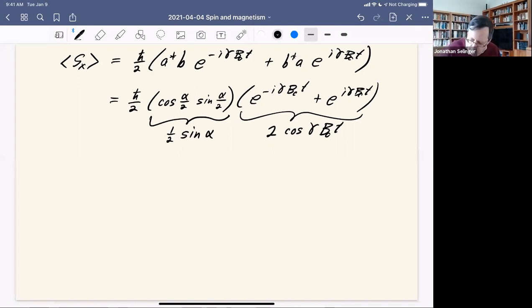Combining those, we get h bar over 2 sine alpha cosine gamma B naught t.